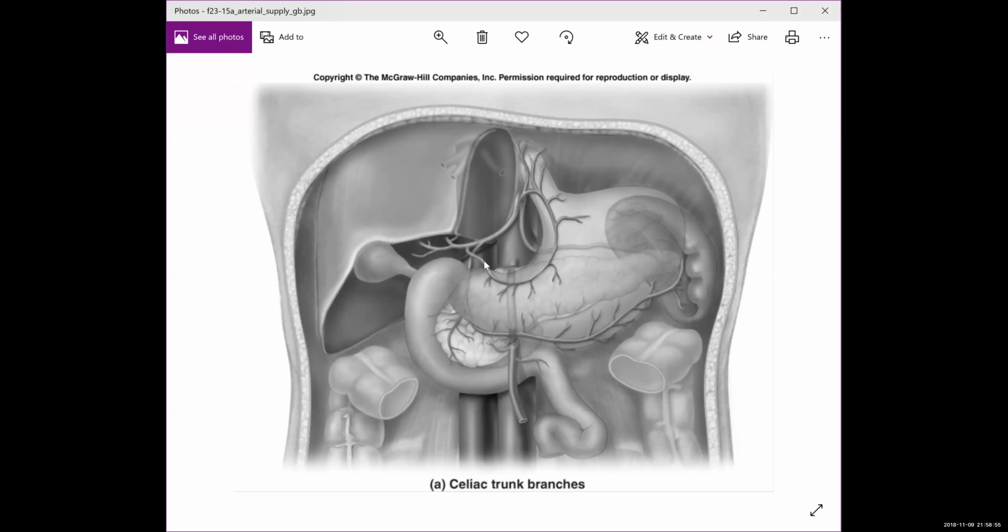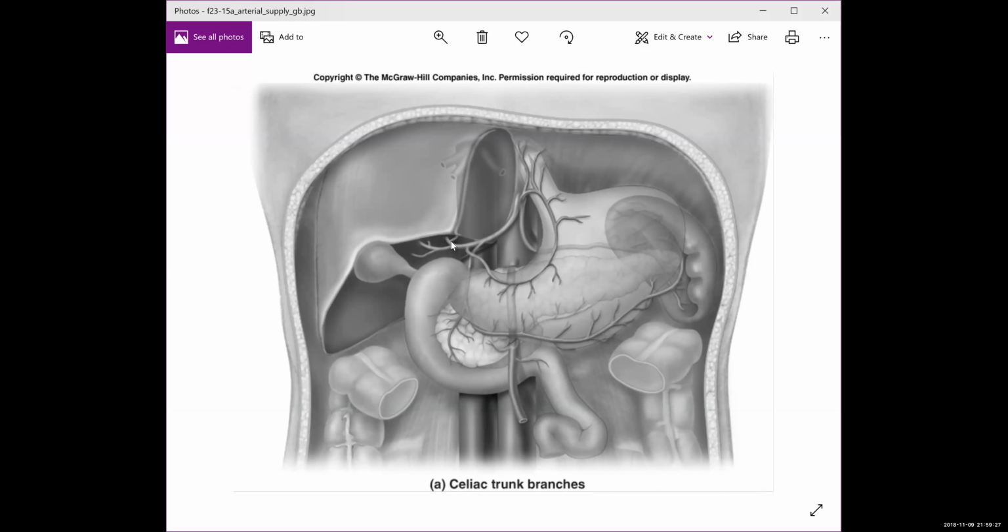Name this vessel here. Right gastric artery. And then name this vessel right here. Hepatic artery proper, or proper hepatic artery, sorry. Name this vessel that branches going to the liver.